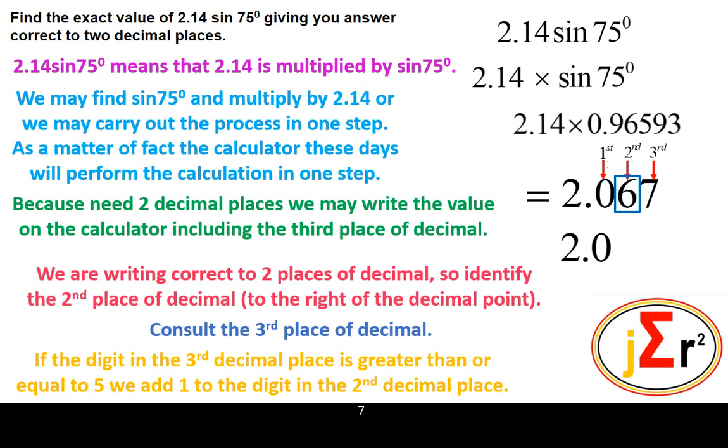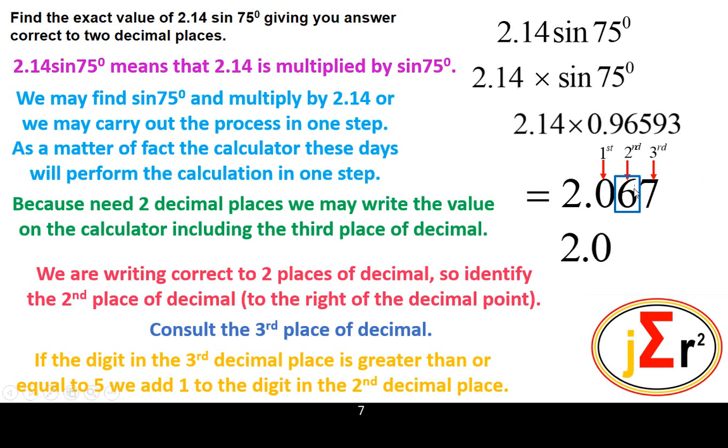Then we consult the third place of decimal, because if the digit in the third decimal place is greater than or equal to 5, we will add 1 to the digit in the second decimal place.